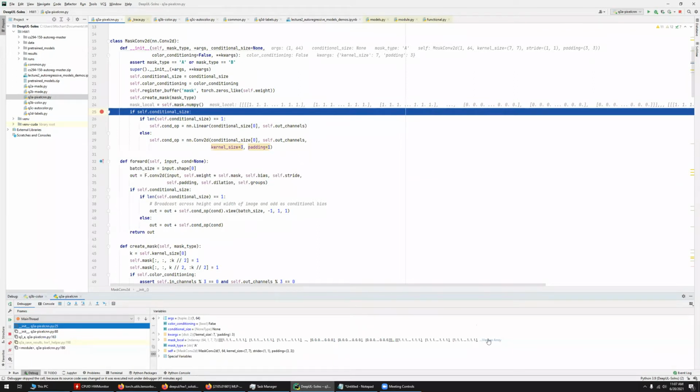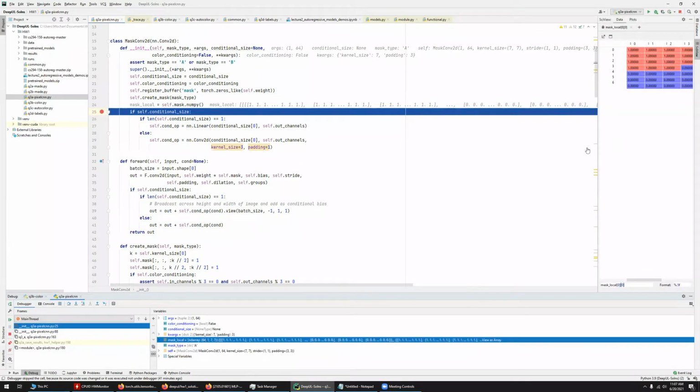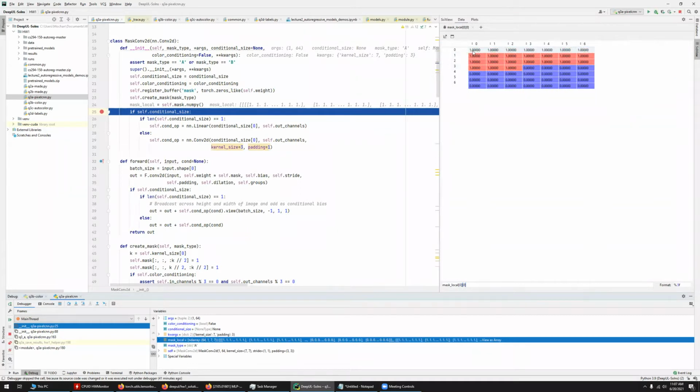If I look at the mask, they all look like this. It's 0 here, but there are three rows of all ones and 3 columns of all ones. It says it's 64 by 1 by 7 by 7, so there are 64 of these, and all of them are exactly the same.